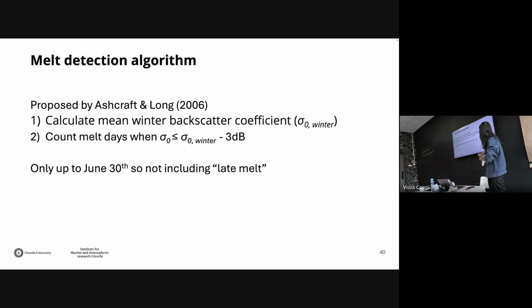I know it's quick and dirty, but this is a quite unique and straightforward way to compare the melting with the mean or winter time backscatter. Because what we expect is that melting is quite lower compared to winter time. How much lower, we may choose different thresholds. So again, a threshold based approach.